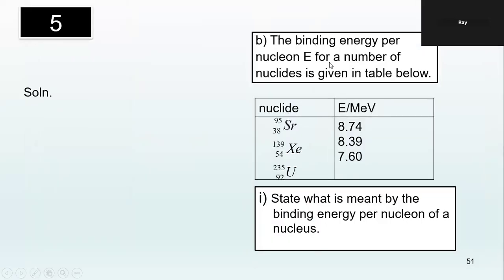Binding energy per nucleon for a number of nuclides is given in a table. State what is meant by binding energy per nucleon of a nucleus.